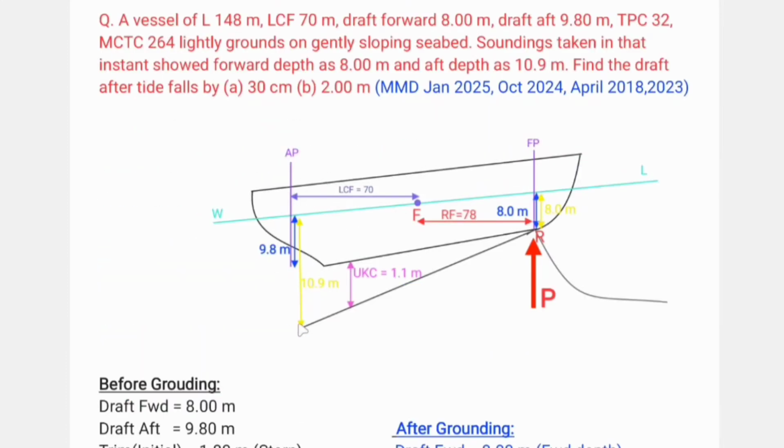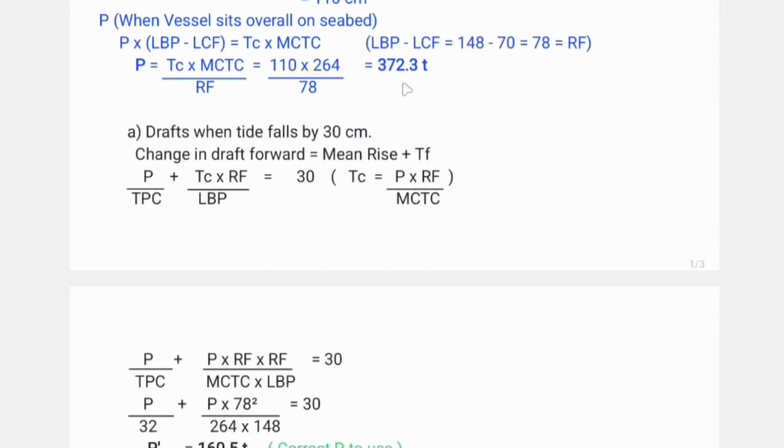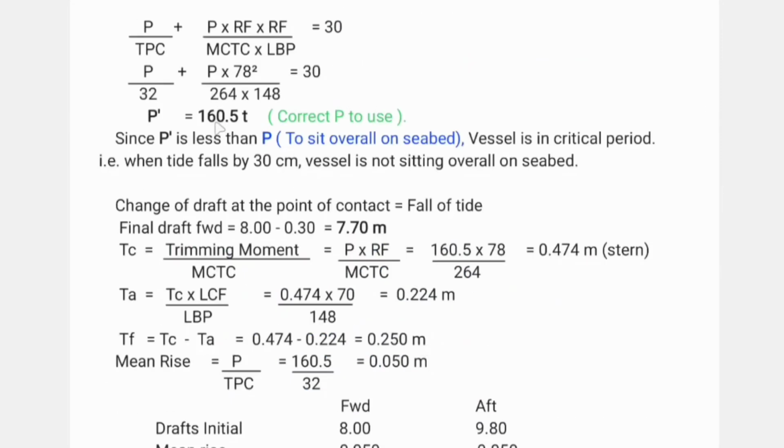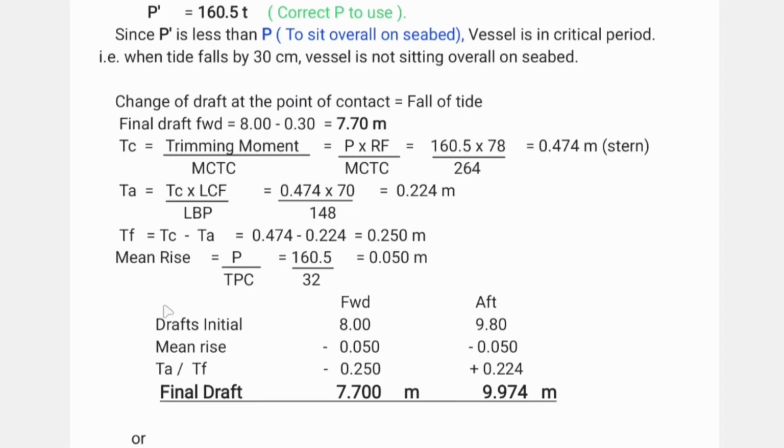When the vessel is sitting overall on the seabed, the upthrust force P acting through the point of contact, that is the forward perpendicular, is 372.3 ton. So I am using this P, 160.5 ton, to calculate the drafts forward and aft when the tide falls by 30 centimeter.